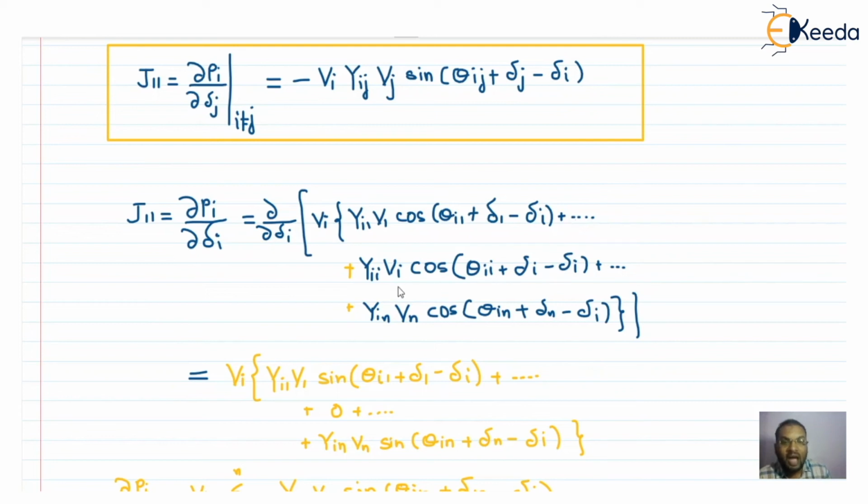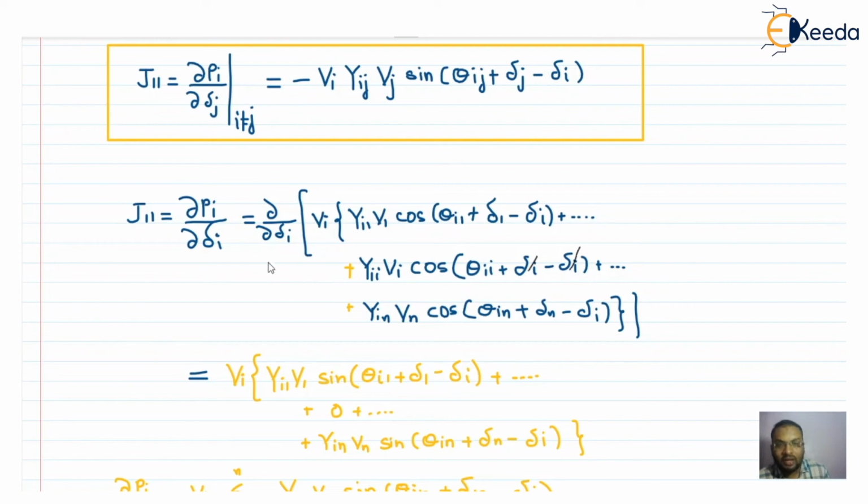Let me write the ith term, somewhere the ith term will come: Yii Vi cos of theta ii plus delta i minus delta i, plus it goes up to the nth term. Now you see here, this delta i minus delta i will get cancelled.